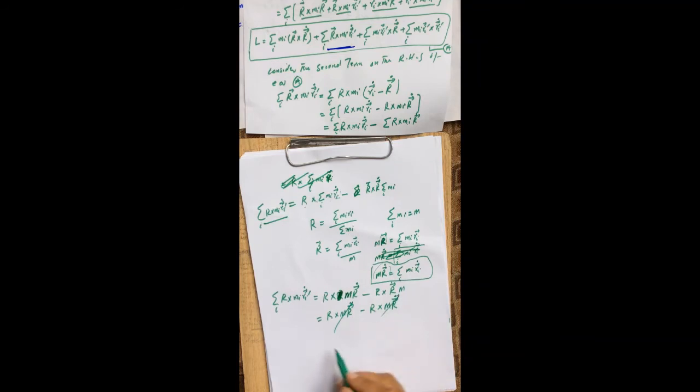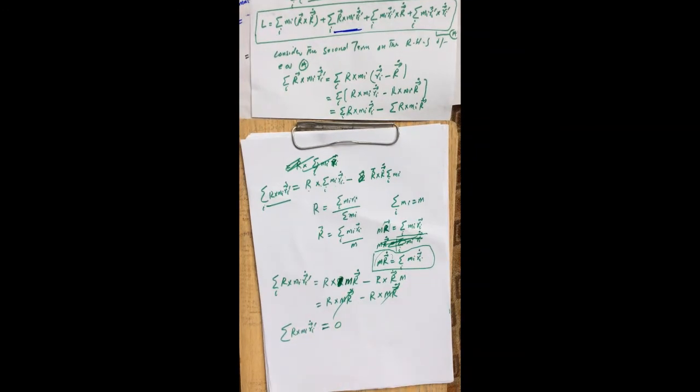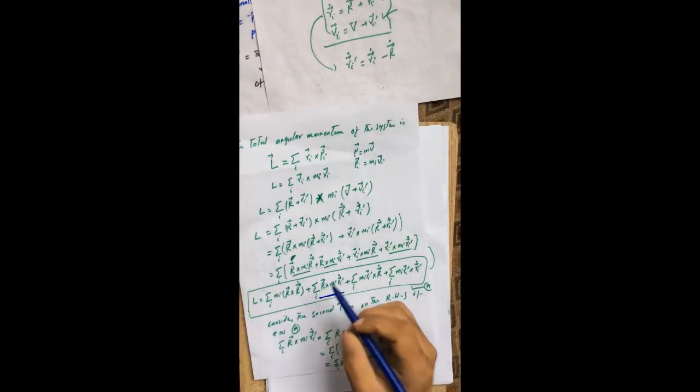Now this will cancel with this, so this is equal to 0. So the second term, which is r cross mi ri dot, is equal to 0. So this term will become 0 here. So instead of this I will put 0 here.